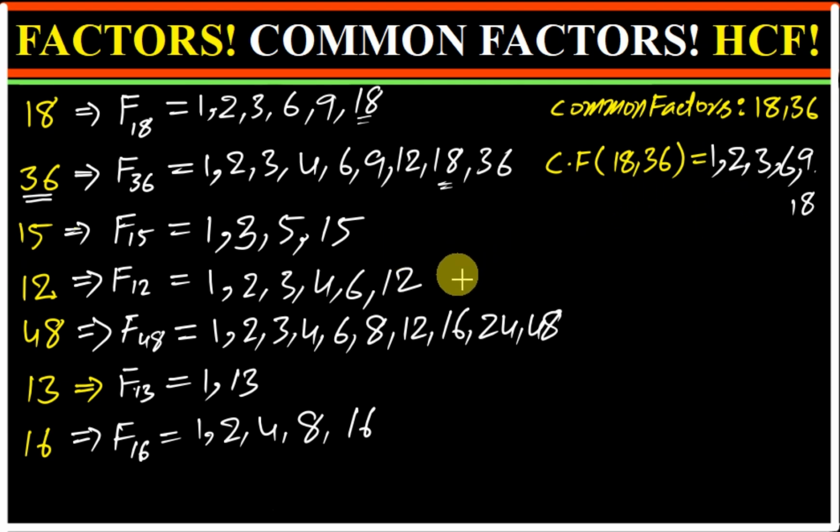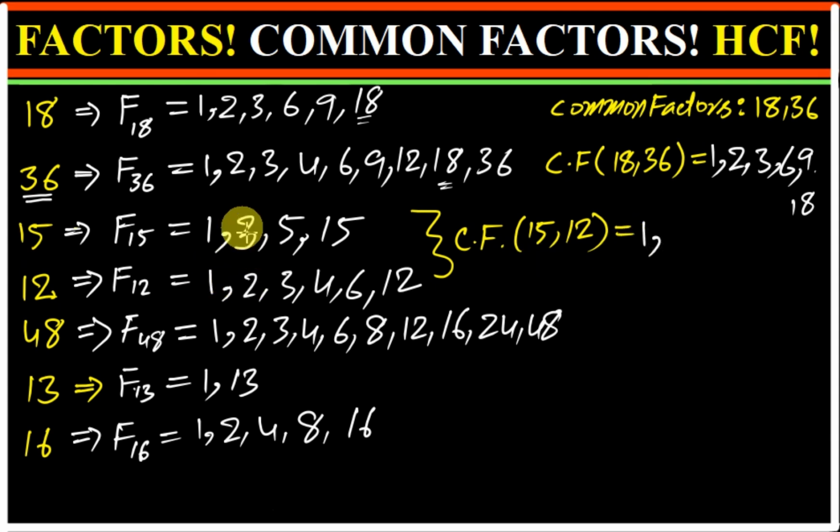Similarly, let's find the common factors of 15 and 12. You just have to collect all the commons in 15 and 12. 1 is common.